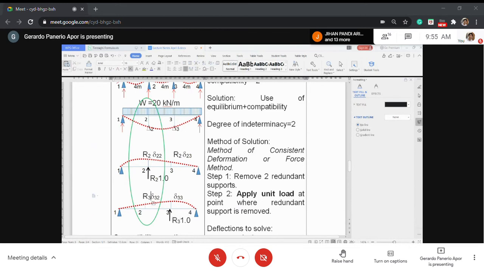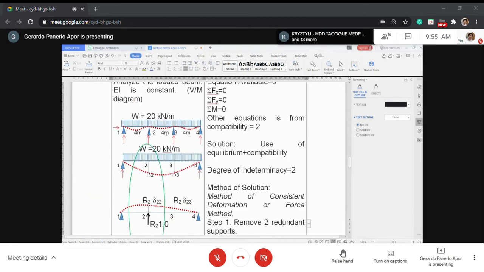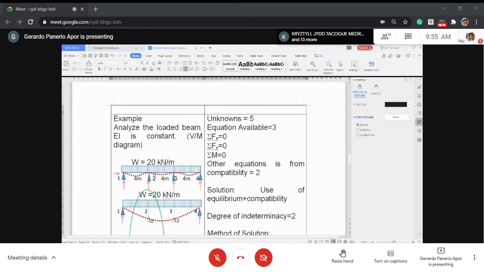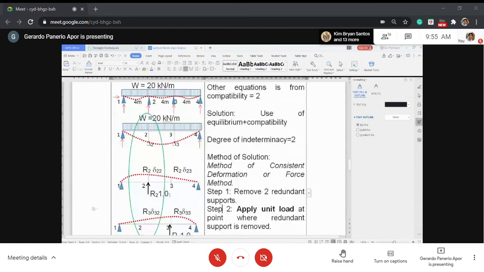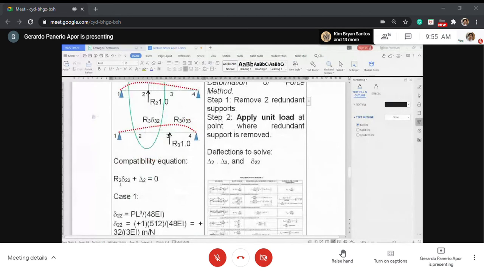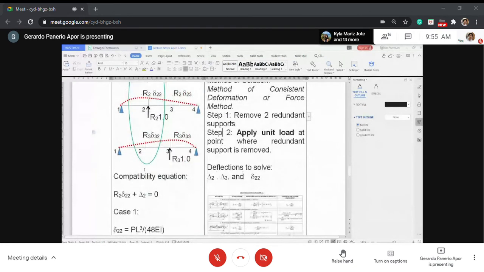So there will be R3 here. Okay. Now, I mentioned that if I am going to add all these restrictions, it will go back to 0. So I will have it here, R2 times delta 2 2. Then add another equation. Paste. Then we have plus.